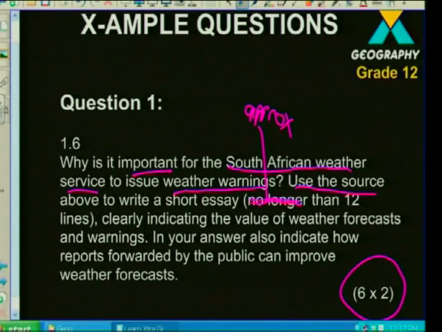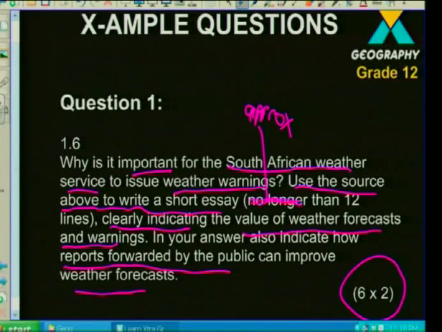Use the source above and write a short essay, approximately 12 lines, clearly indicating the value of weather forecasts and warnings, and also indicate how reports forwarded by the public can improve the weather forecasts.